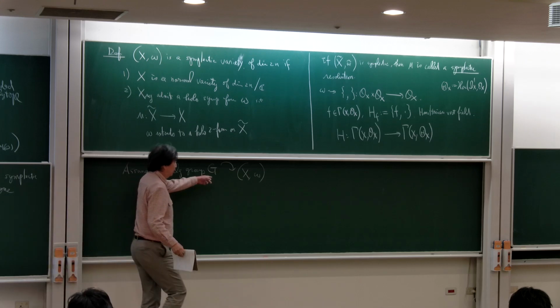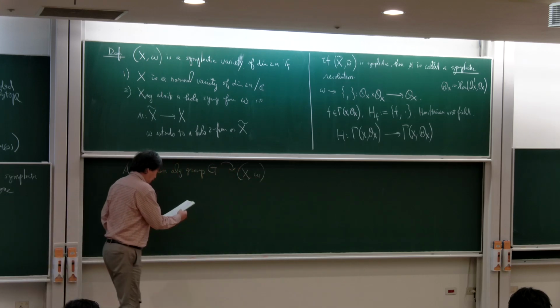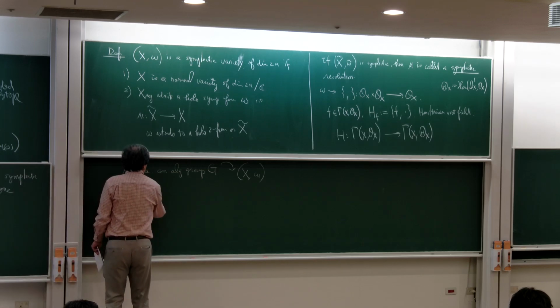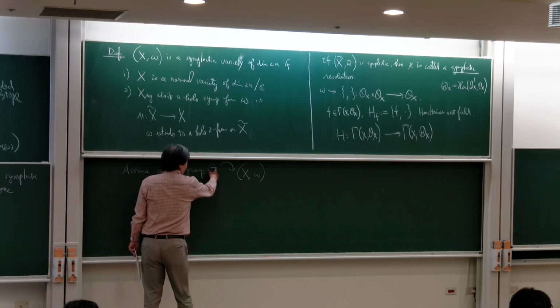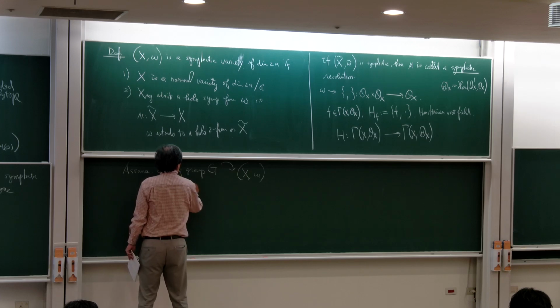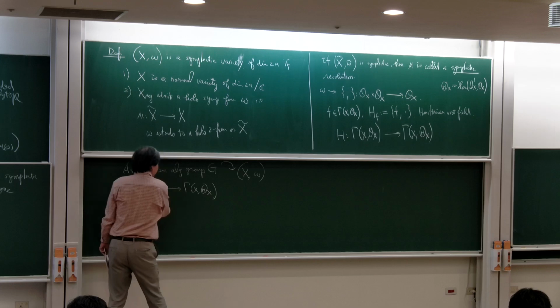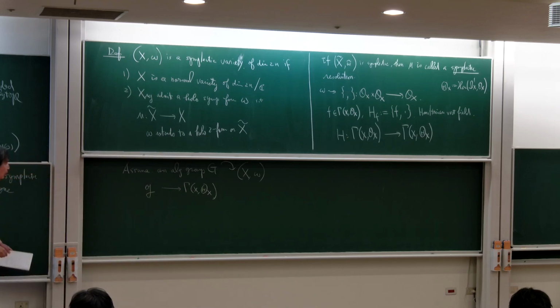So G preserves this symplectic form. And this action determines a map from the Lie algebra of G to the vector fields. This action induces a map.